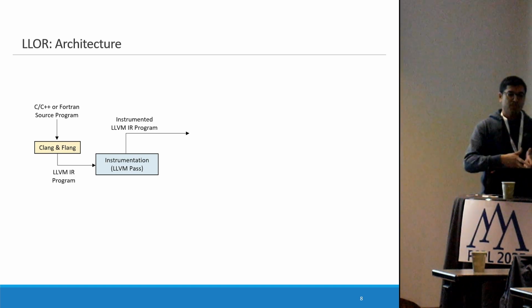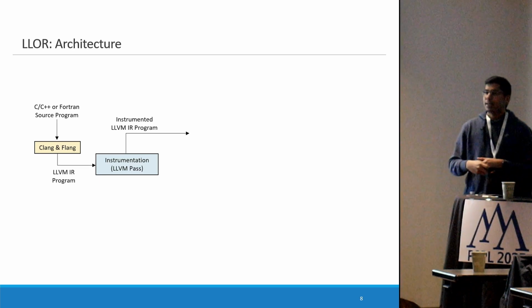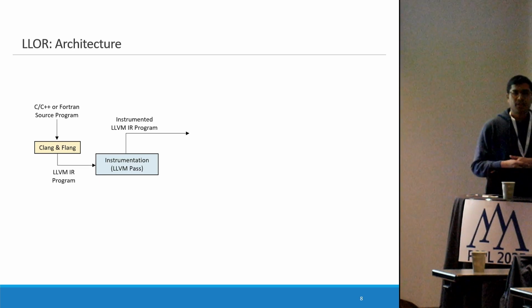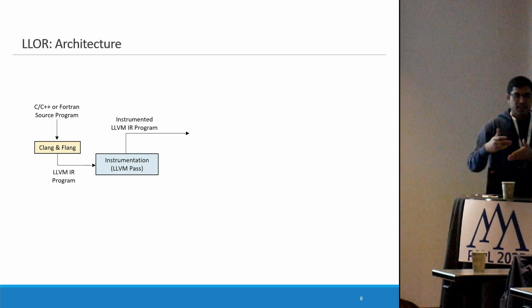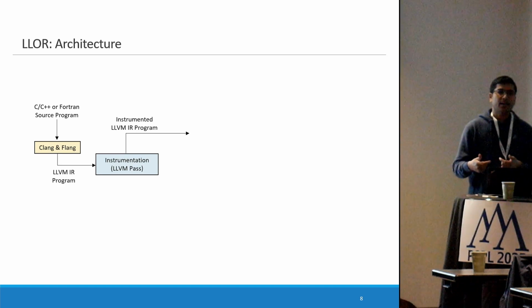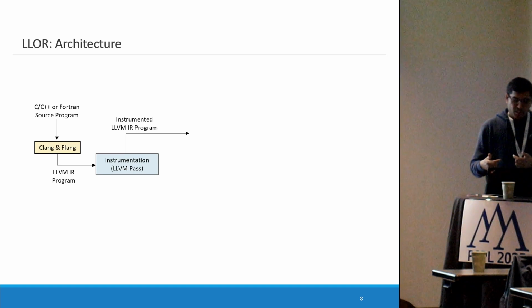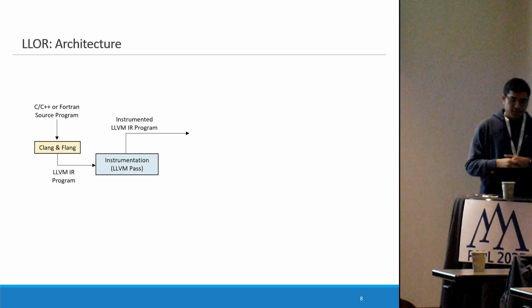The first component is the instrumentation phase, and the second component is the repair phase. The instrumentation component basically finds the OpenMP constructs in LLVM-IR, and it annotates some metadata into the IR, and it introduces some variables called barrier variables that I will discuss later.